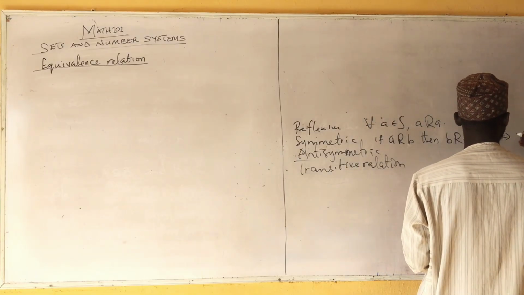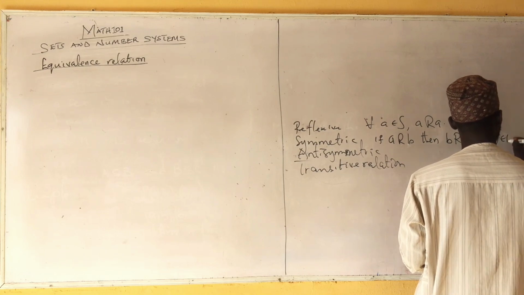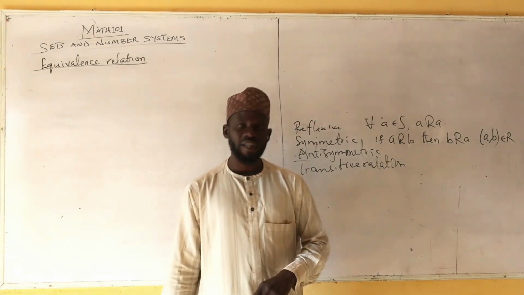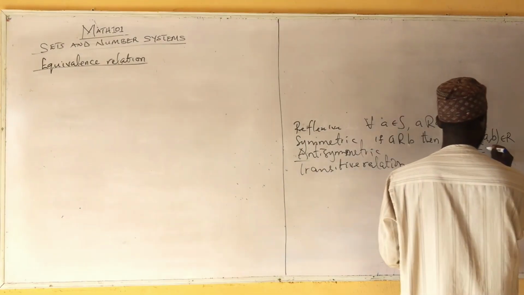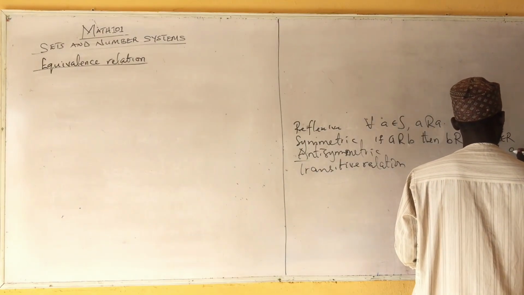If AB is in R, meaning A and B are R related, then definitely this implies B is also related to A.